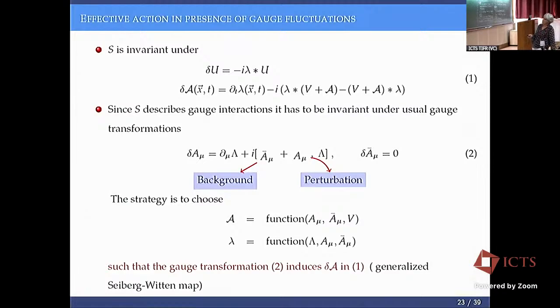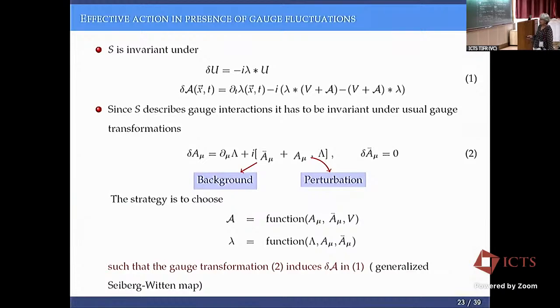The usual gauge transformation in terms of the gauge fields is this. And the strategy is to write script A as a function of the gauge fields, the fluctuations, the background fields, and maybe the confining potential, and this lambda in terms of the gauge parameter lambda, so that if we do gauge transformations here, that induces the transformation on script A, like this. So we build essentially the required gauge transformation.